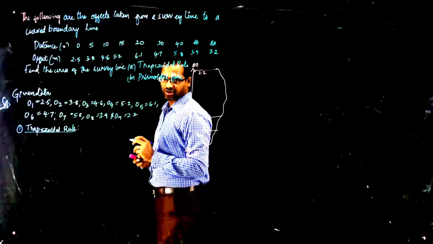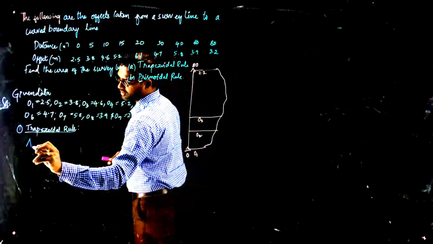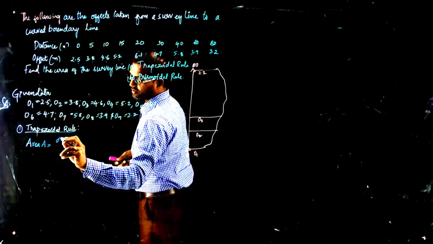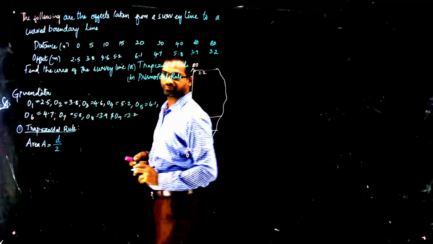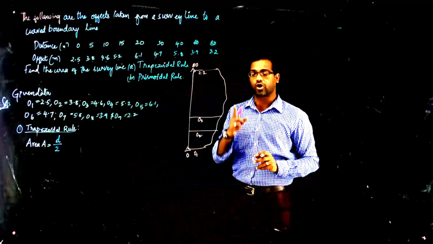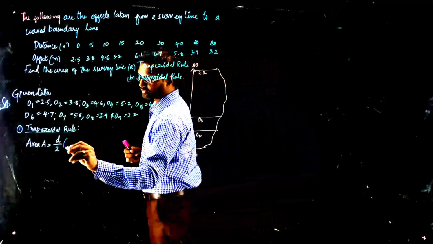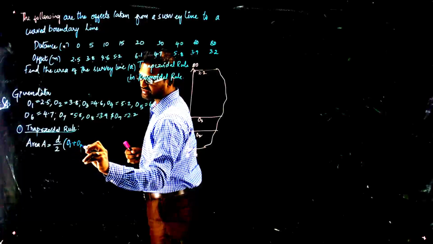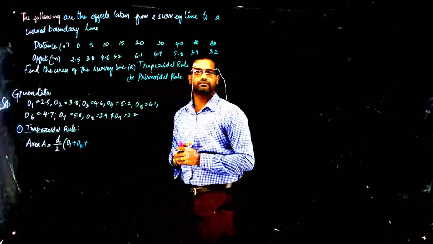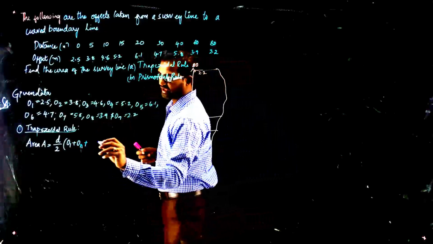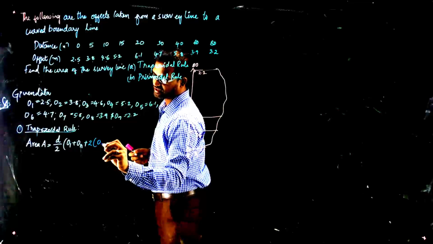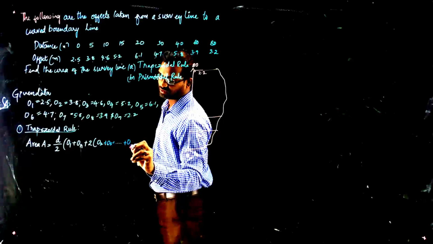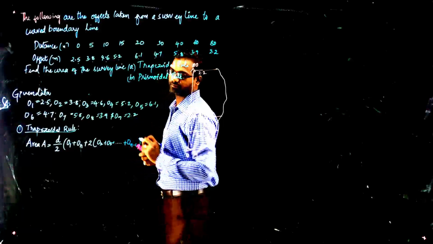What does the trapezoidal rule say? Area is given by D, the common distance, divided by 2, times the sum of the first ordinate and last ordinate, plus 2 times the remaining ordinates, that is O2, O3 up to On minus 1.